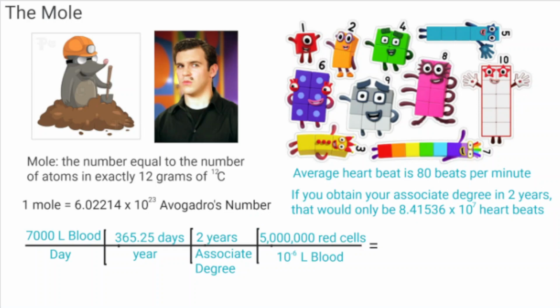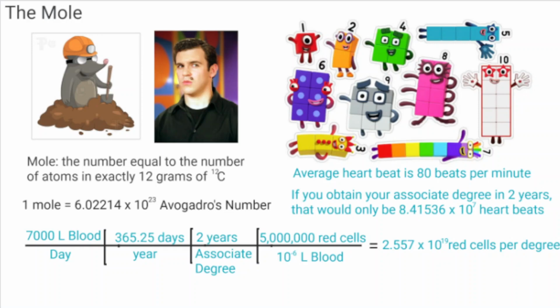So there's 5 million red blood cells per every 10 to the negative 6 liters of blood. And if we multiply everything on top, the 7,000 by 365.25 by 2 by 5 million, and divide by everything on bottom, ones, and 1 times 10 to the negative 6, then we'll see that we get 2.6 times 10 to the 19 red blood cells are pumped through your heart per degree, or per associate degree.